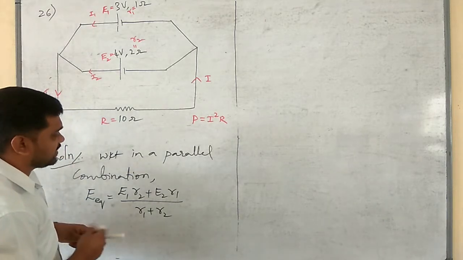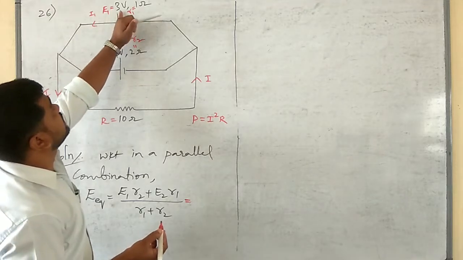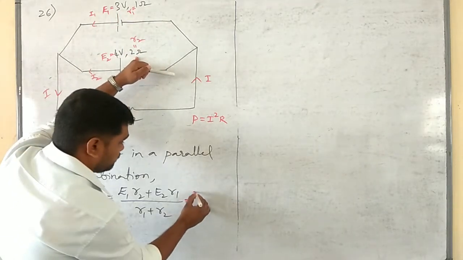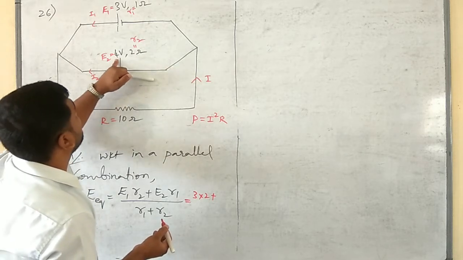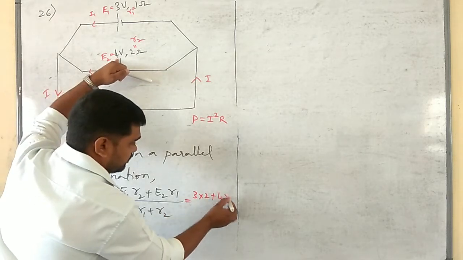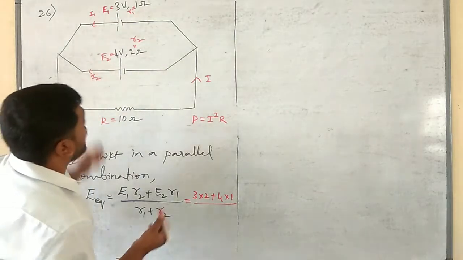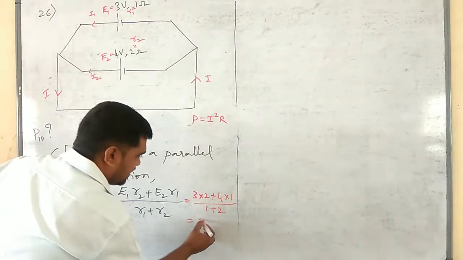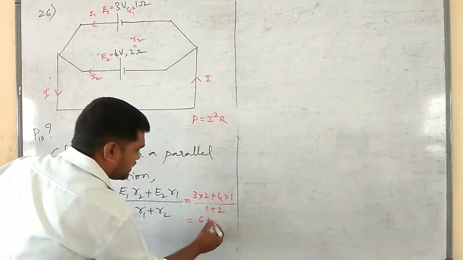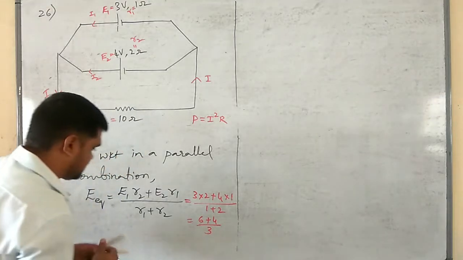So on solving this, E1 R2, 3 into 2, plus E2 R1, 4 into 1, divided by R1 plus R2, 1 plus 2. Okay, 3 2s are 6, 4 1s are 4, divided by 3. How much is it?